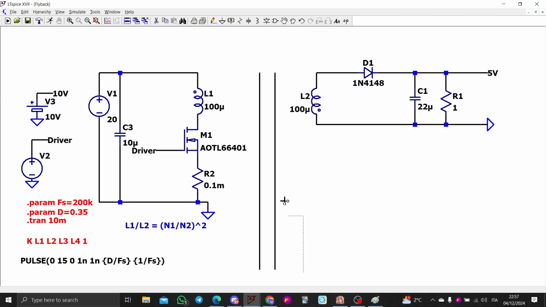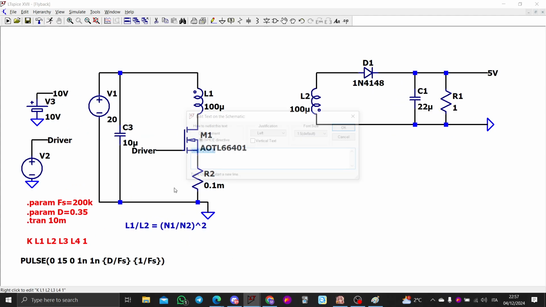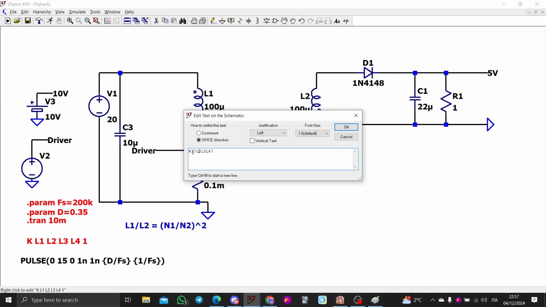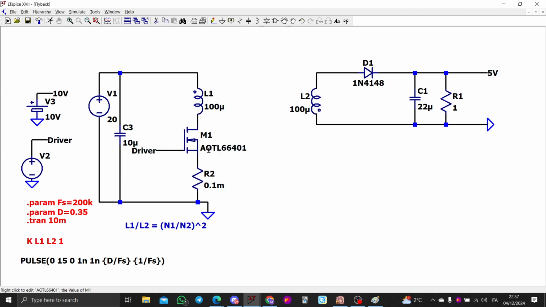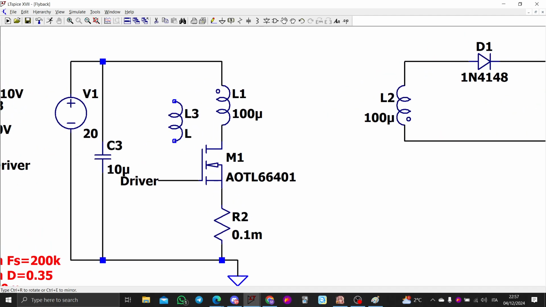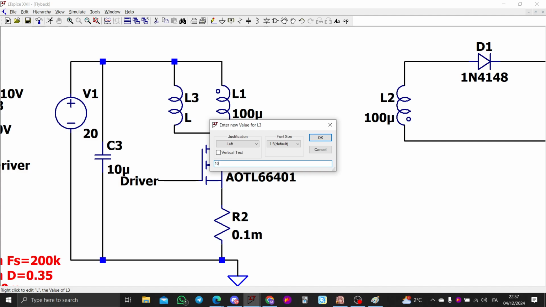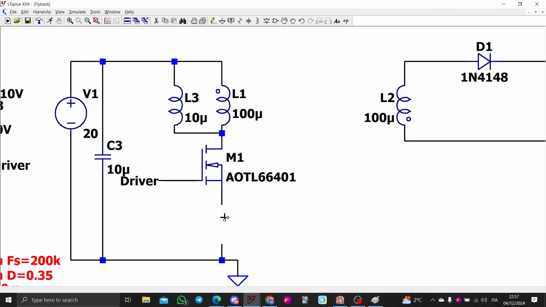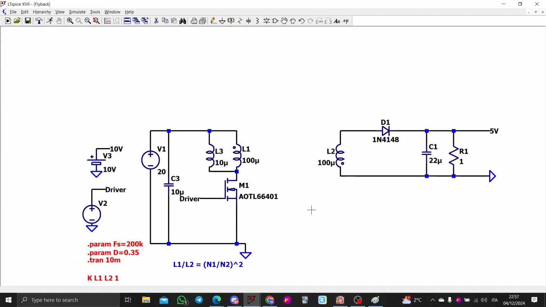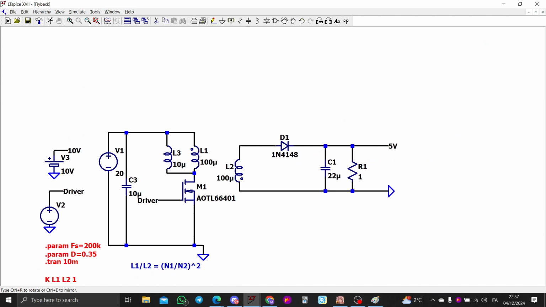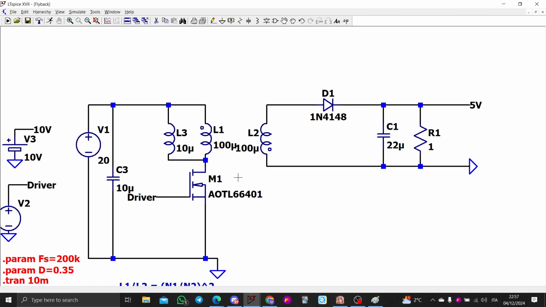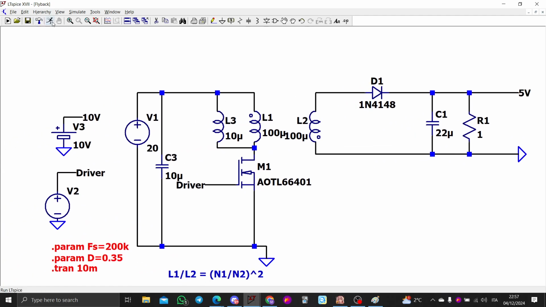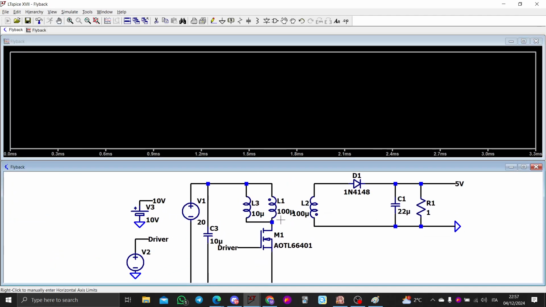Just a normal flyback, with k equal to 1. Let me put just the magnetizing inductance, because this is important, of 10 micro. Neglect the shunt, neglect everything, the most basic flyback on earth. Let's run the simulation.